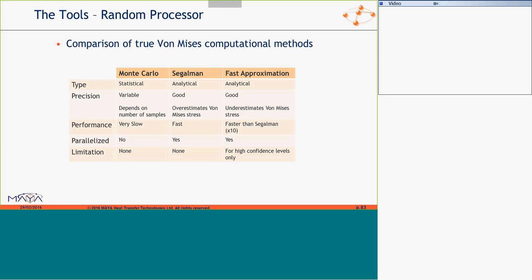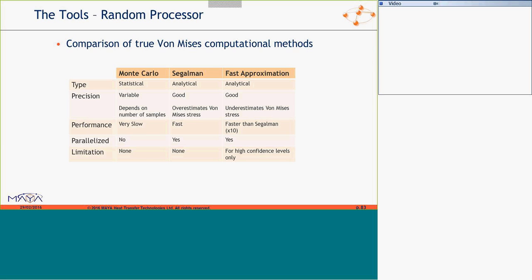So we have three methods: Monte Carlo, Segelman, and fast approximation. The first is statistical, the other two are analytical. Monte Carlo is excellent when you have lots of samples. Segelman is good. It tends to overestimate the von Mises stress, whereas the fast approximation underestimates a bit.